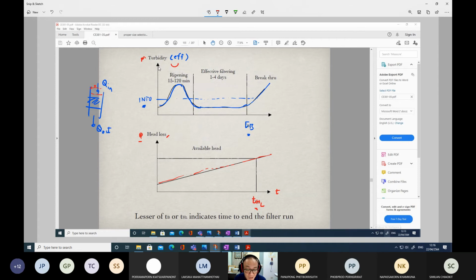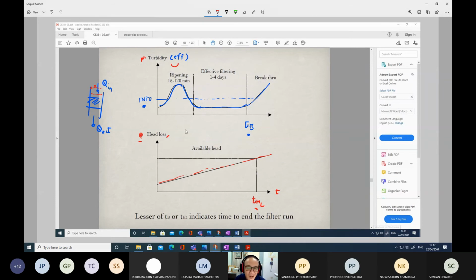It's not difficult to measure, but there are at least one or two more extra steps. You need to take the sample, put it in the turbidity meter, and then measure to get the values. You need the equipment, but for the head loss, it is nothing. Just observe the water levels.